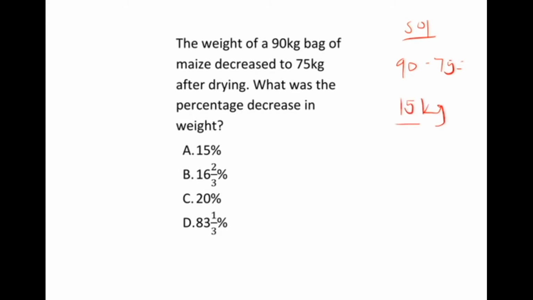That is the decrease. Then we are asked to give the percentage decrease. So we have 15 over the first number, over the original number. Our original number in our case here is 90 kilograms. 15 over 90 times 100%.